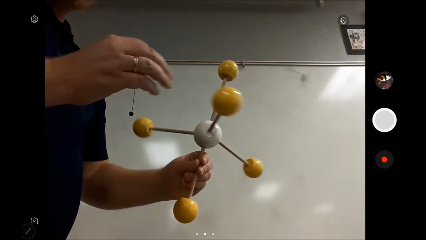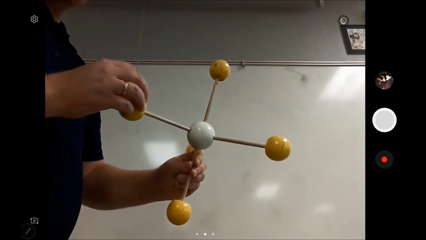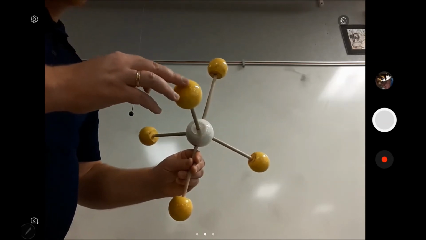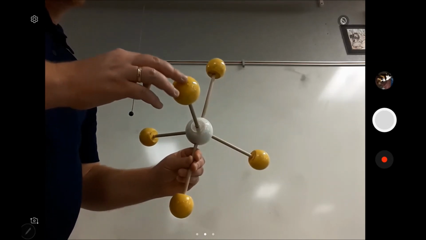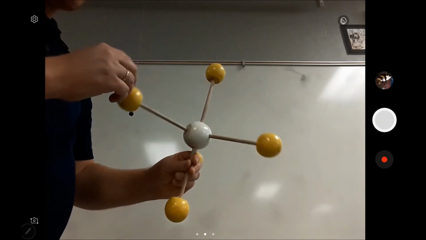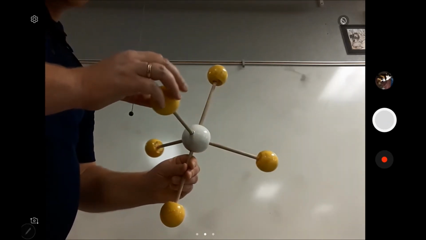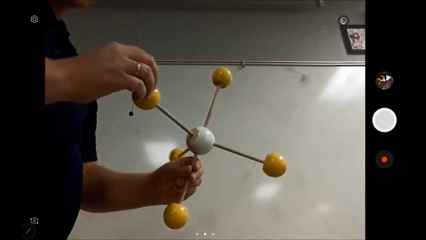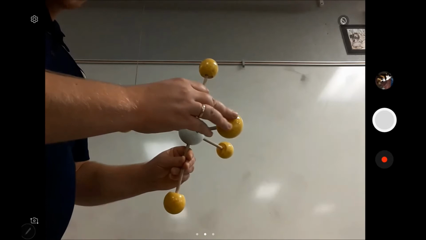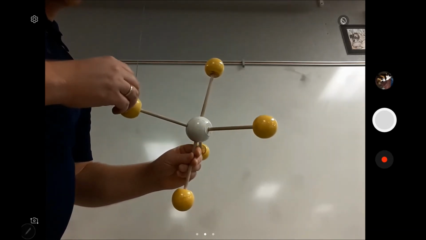The lone pair has a greater repulsive force, but doesn't actually occupy space. It's the nucleus of the bonded atoms that occupy space. So when you look at the molecular geometry of this, the electrons are going to orient themselves in such a way to minimize steric hindrance.